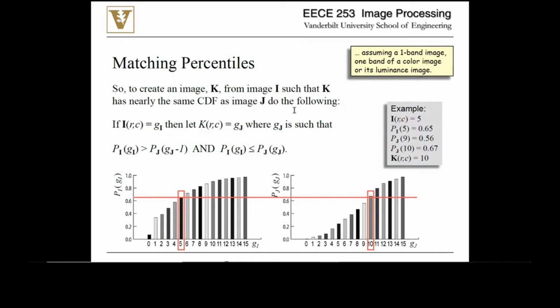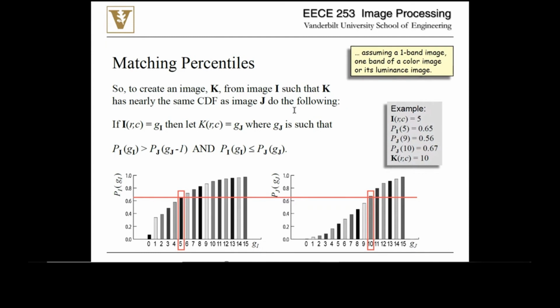You have it there, 65. And then I have to look in the image J, what is the gray value at which 65% of the pixels are below that value. And that value is 10. So 65% of the pixels in the J image have a value smaller than 10.